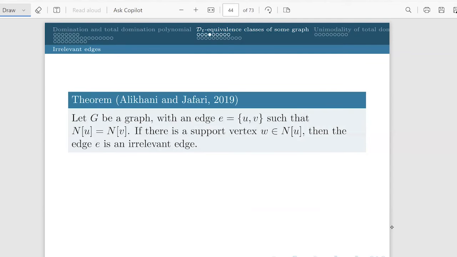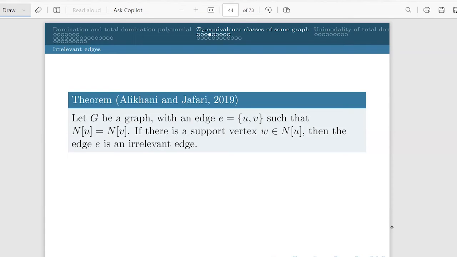And if there is a graph with an edge UV such that the closed neighborhood of U equals the closed neighborhood of V, and if there is a support vertex in the closed neighborhood of U, then E is an irrelevant edge.